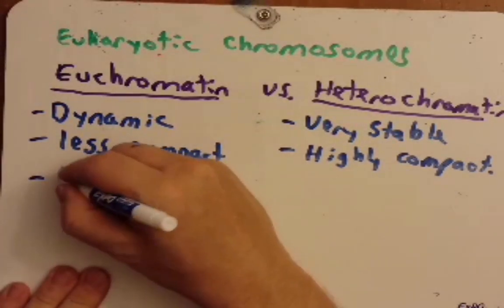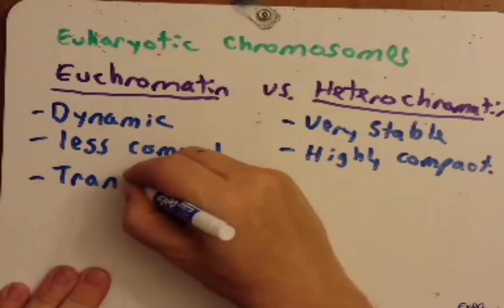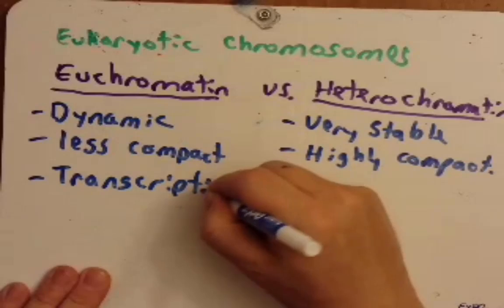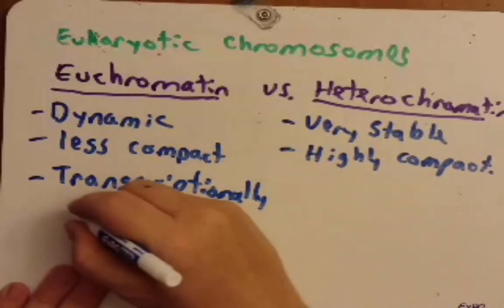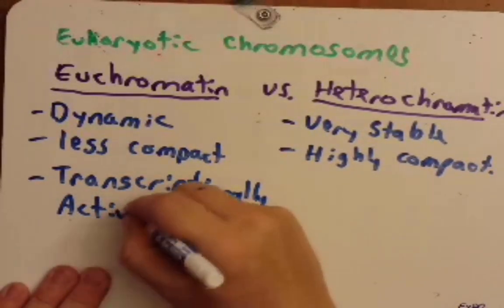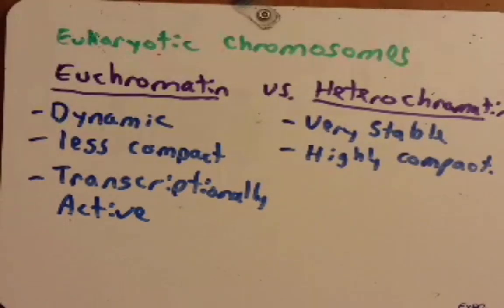Euchromatin is transcriptionally active. And just to remind you, transcription is the process of making RNA, which then can go on to make protein. So this means that the genes in this area would be euchromatin, where genes are being turned on.